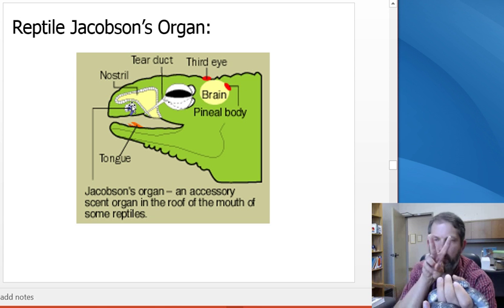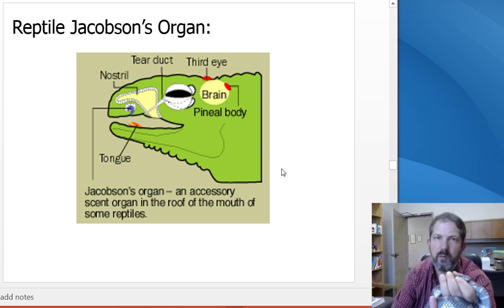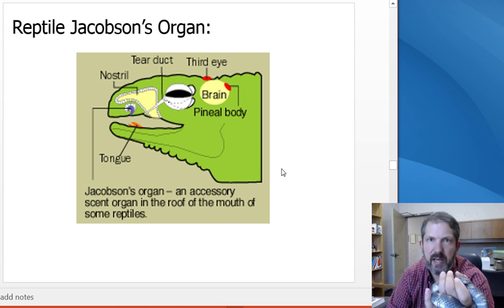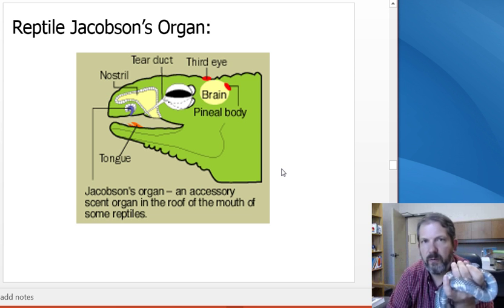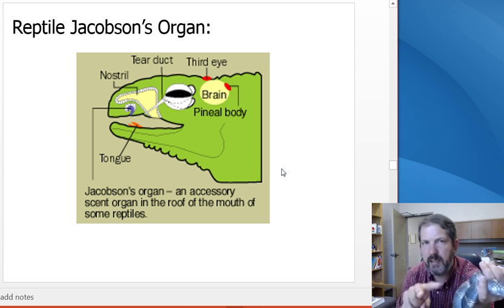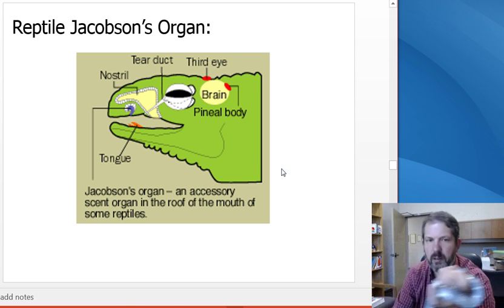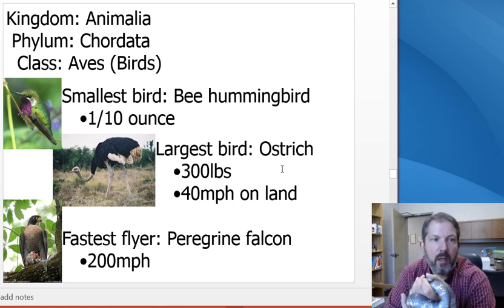They have two little openings, one for each side, into the Jacobson's organ, and that gives the snake a lot of chemical information, which smelling is a chemical sense. And so this is a very refined sense of smell, really. It's kind of tasting the air and sticking that up there. And it's able to tell just by having the fork of the tongue which way the mouse went. And it works pretty well.